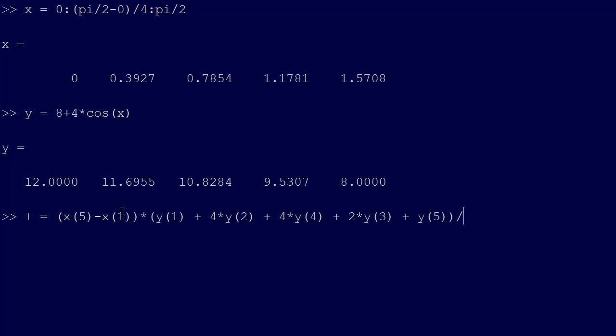And that's all divided by 3 times n, and n in this case is 4 segments. 3 times 4, and we'll put that here so we make sure we do it right. And so we get 16.5669.